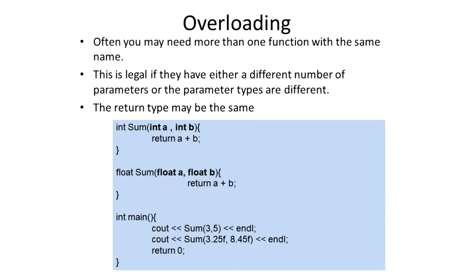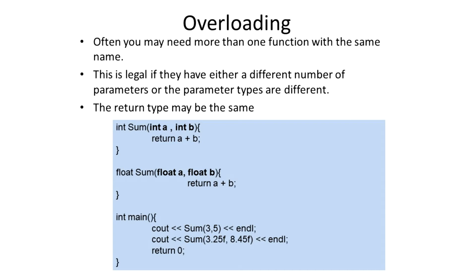But then with the second call, where we're trying to pass 3.25 and 8.45, by stating f there, short for float, we are being explicit in saying that we want to pass to the parameter list that accepts floats, not integers. So that prevents the compiler from accidentally passing them to the parameter list which accepts integers. Okay, the first one again, we tell it explicitly that we want to pass it to the sum which accepts floats. All right, so this is something we have to look out for when passing numbers.